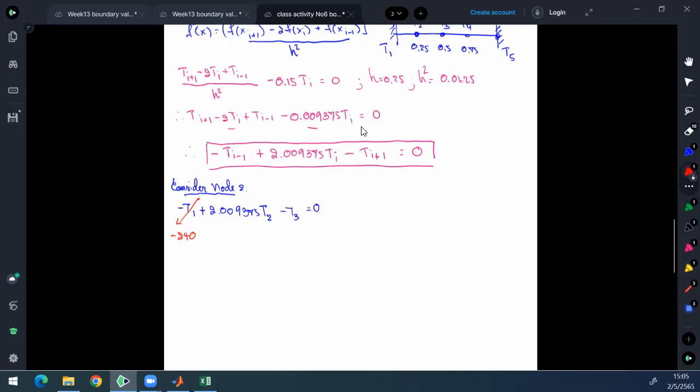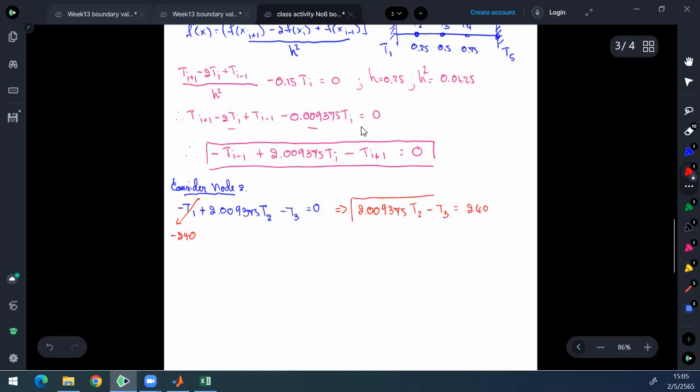So this equation becomes 2.009375 t2 minus t3 equal to 240. This is the first equation.